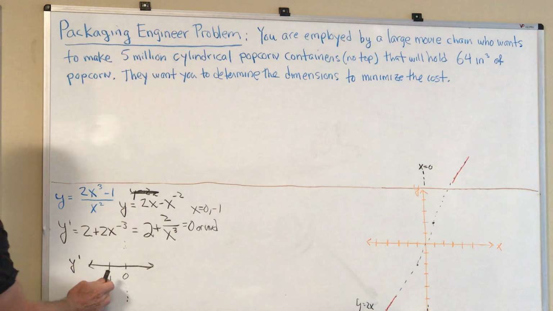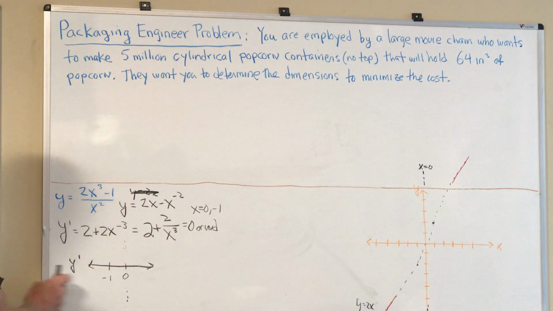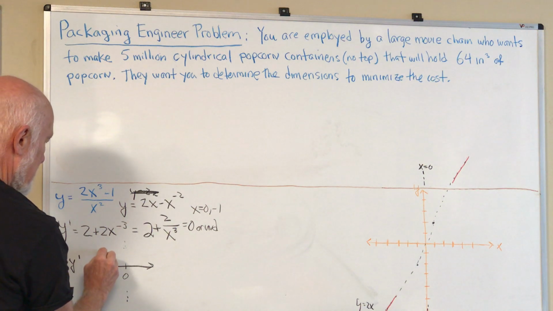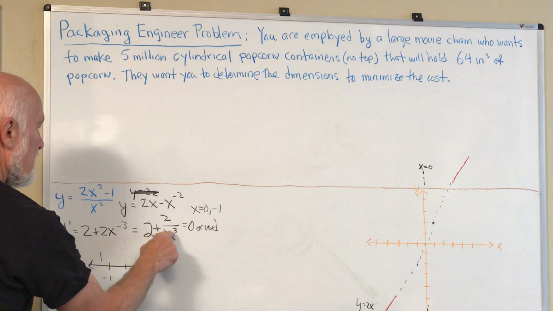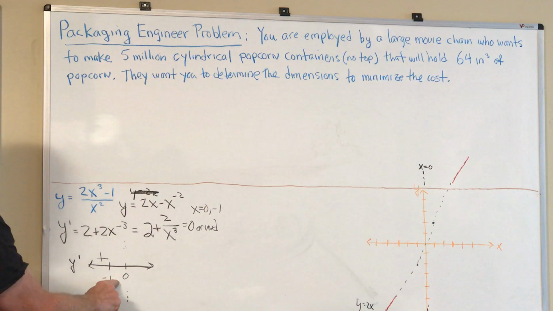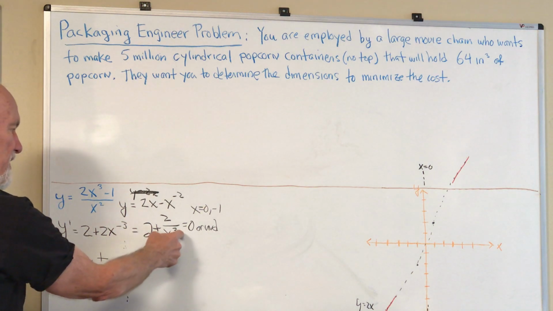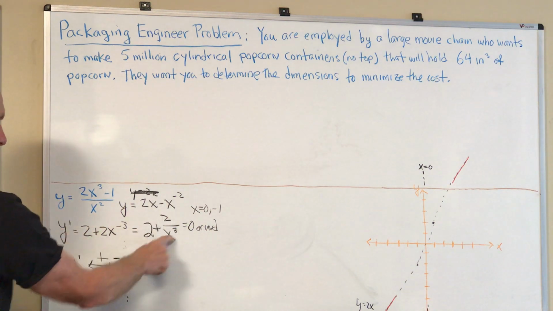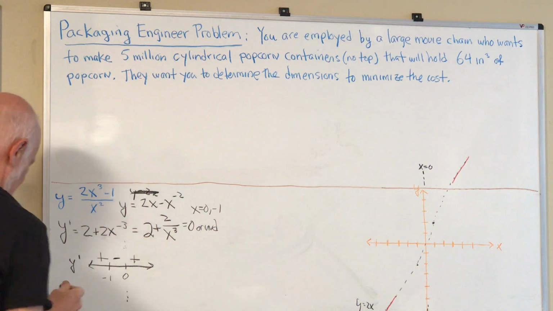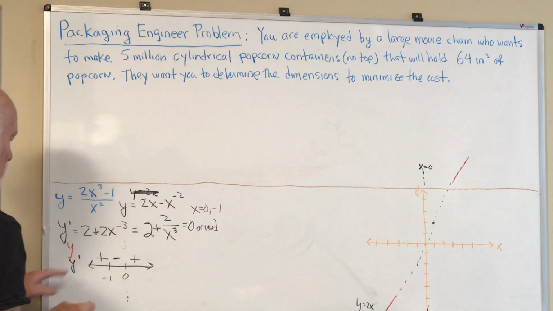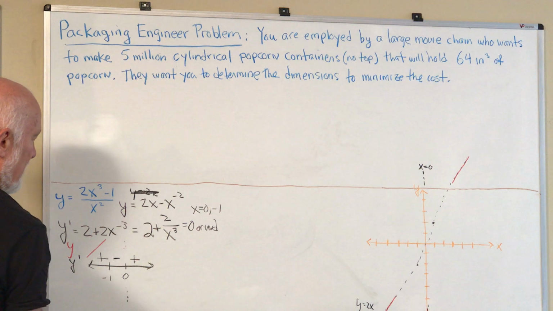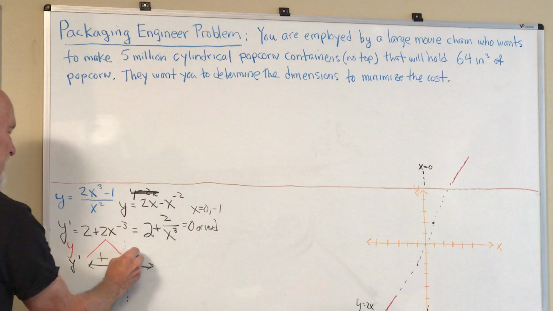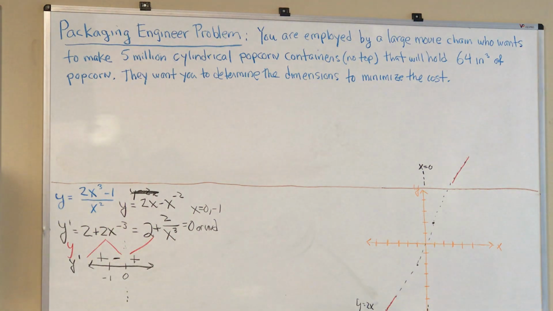Now let's pick some values. Pick a big negative number. If I put a big negative number in here, I'm going to get positive. If I pick a really small negative number, that makes this really big negative. And then if I pick something positive, both of these are positive. So I see that my function goes up, and then it goes down, and then in this other section on the other side of the asymptote, it just goes up.